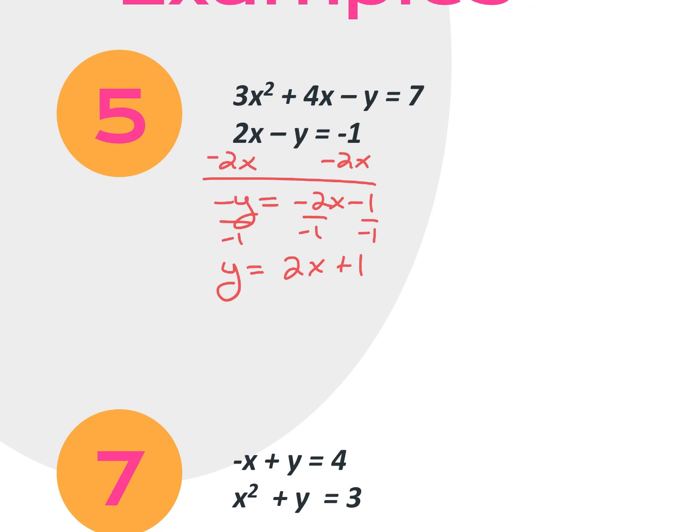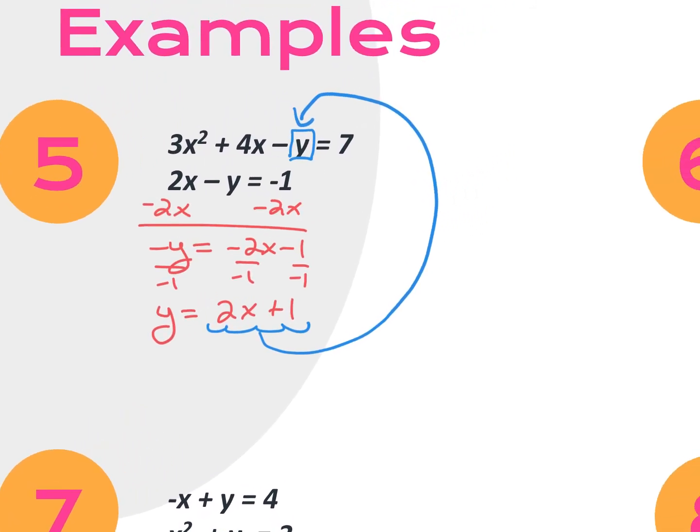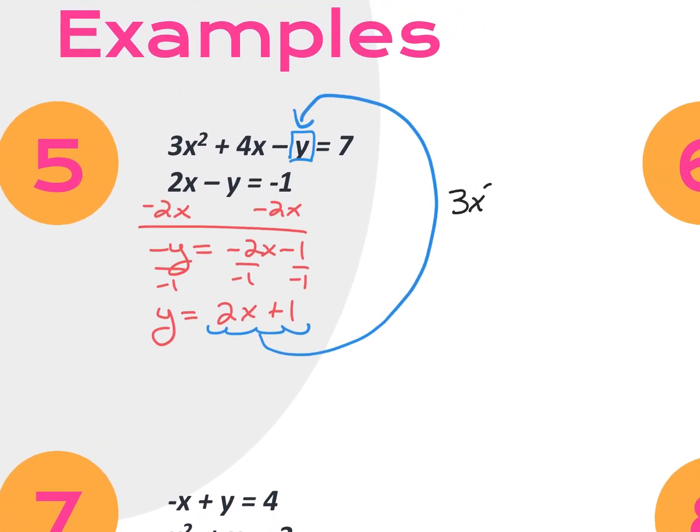Now what I'm going to do is take the rearranged version of the second equation, this expression, and substitute it in for this y of the first equation. So let me go ahead and rewrite the first equation. 3x squared plus 4x minus y equals 7. So again, I'm going to take out only the y and leave everything else there.